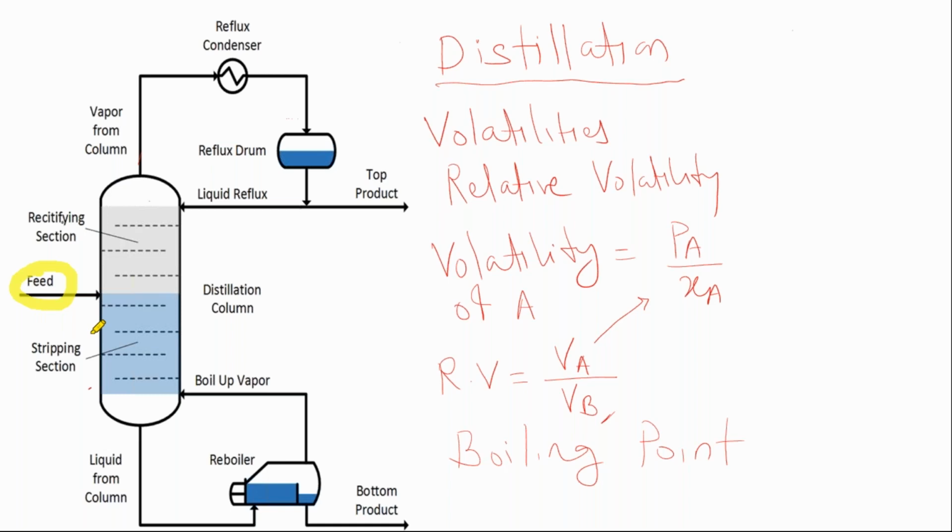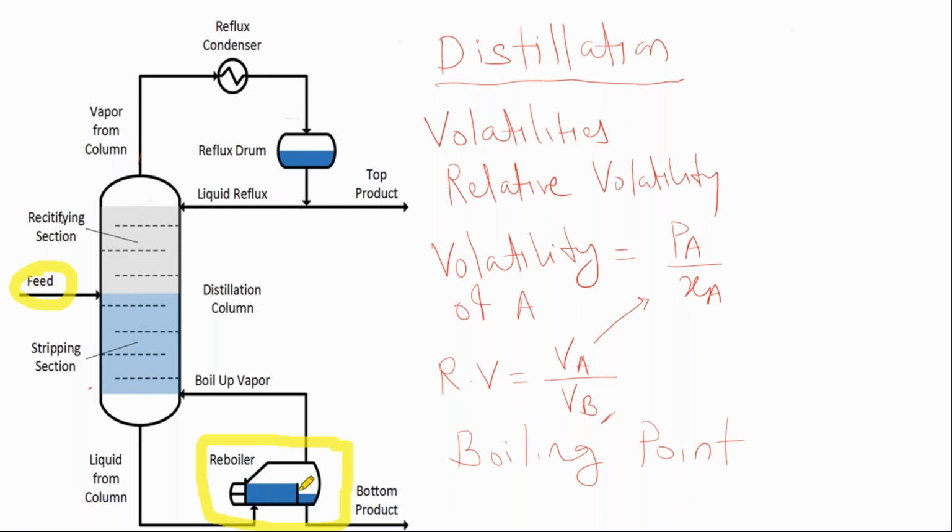But our target is to separate benzene and toluene, or A and B. And for that purpose, to reach this boiling point, to reach that temperature, we have to provide heat. That is, we need thermal energy. That is why the reboiler is added in this fractionation system.